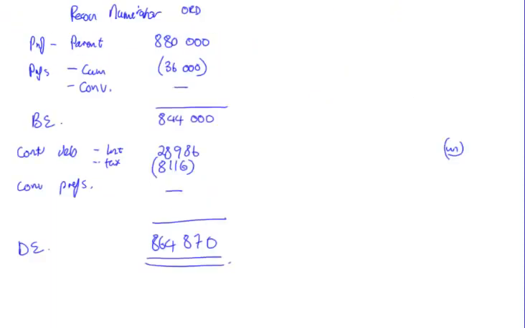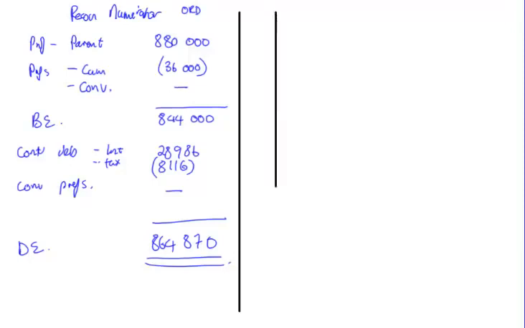Now, what our standard tells us to do in this instance, where you have more than one type of potential ordinary share, is to calculate the option that has the most dilutionary effect on earnings per share. So, to do that, here's your little working.